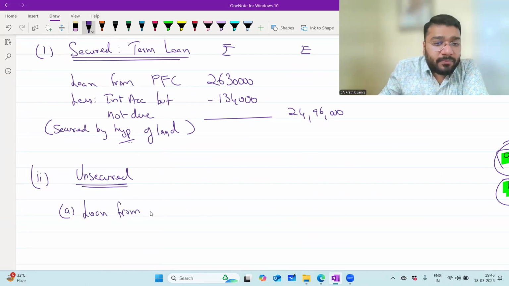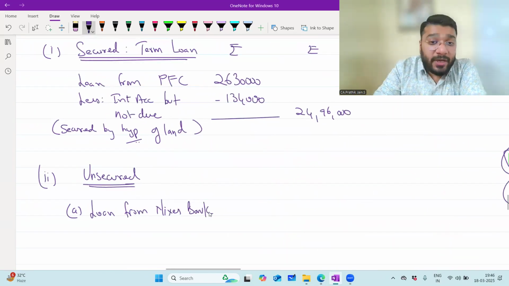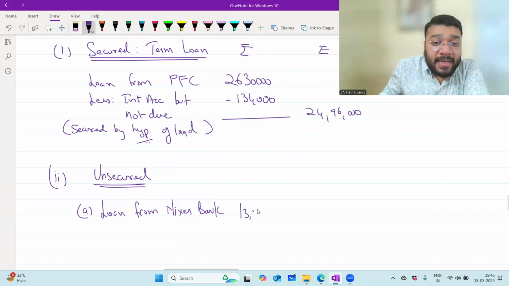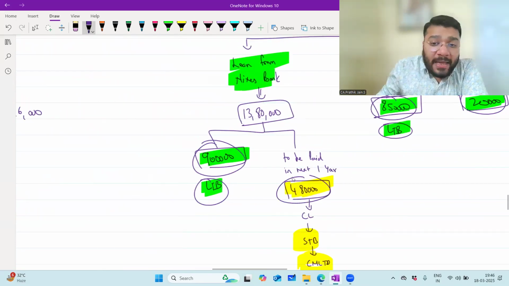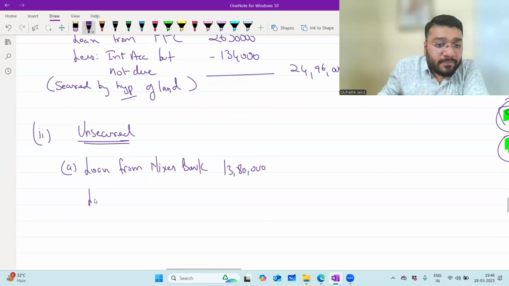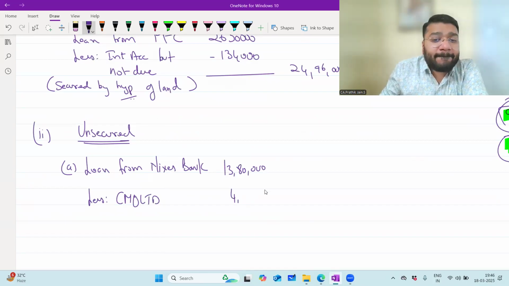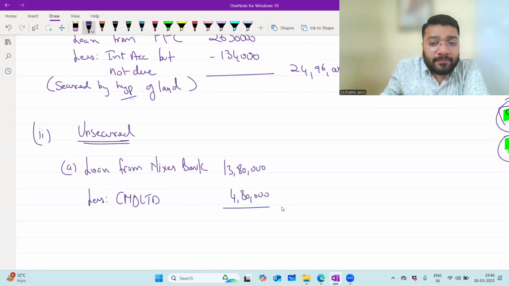Loan from Nexus Bank. How much is the total loan from Nexus Bank? 13 lakh 80,000. You have to show the disclosure separately. In that, 4 lakh 80,000 is to be paid in the next 1 year. So you have to show less current maturities of long-term debt, 4 lakh 80,000. So what is the balance?